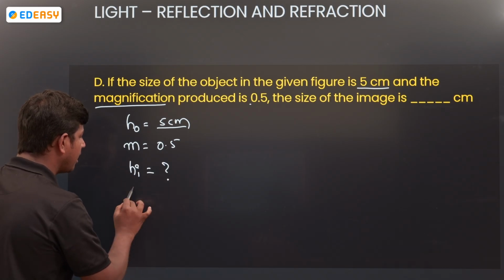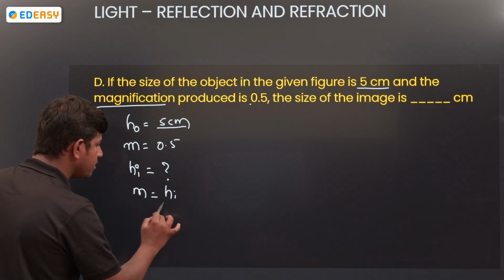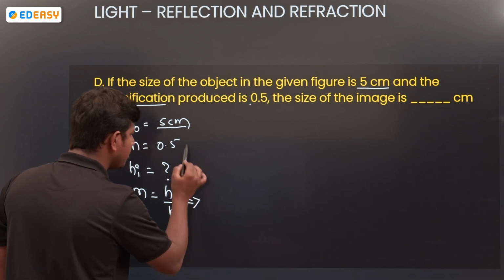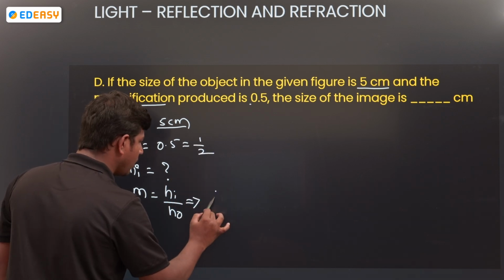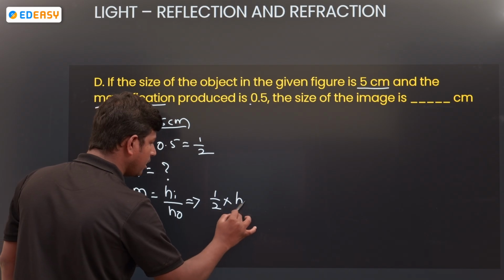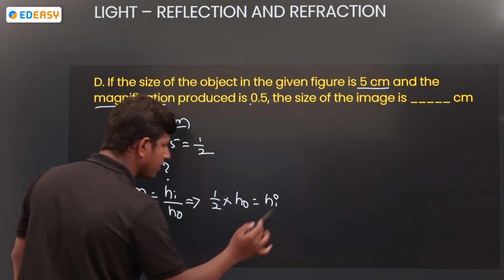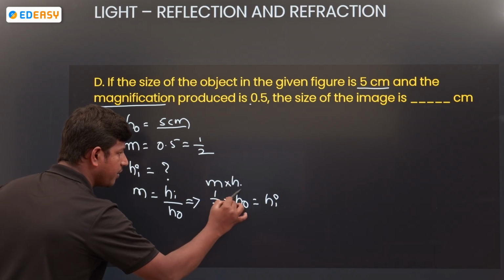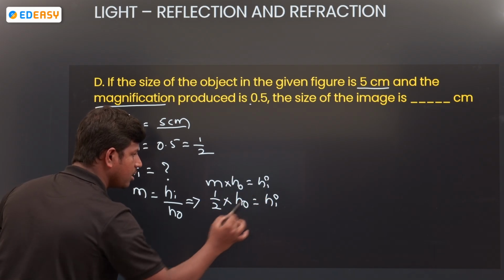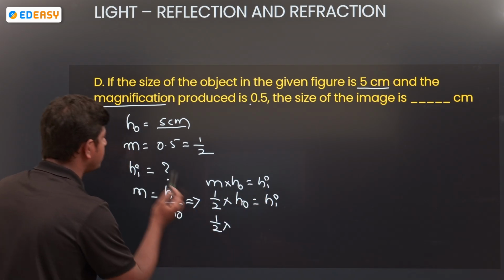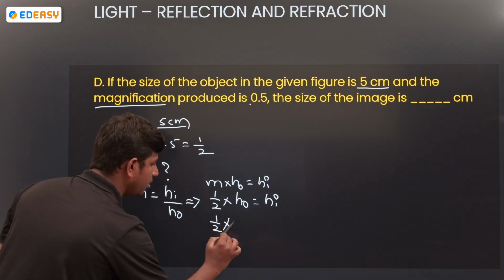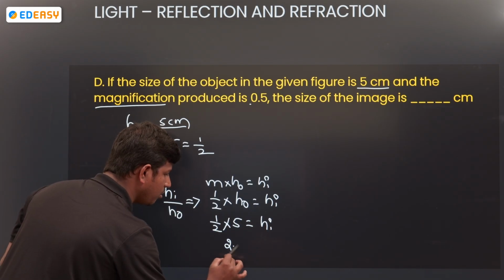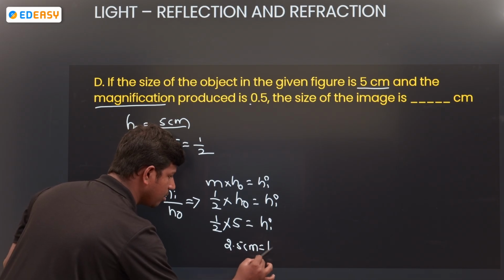The formula is m is equal to height of the image by height of the object. Substituting, 1 by 2 into h naught is equal to h i. So 1 by 2 into 5, the height of the image will be 2.5 centimeter.